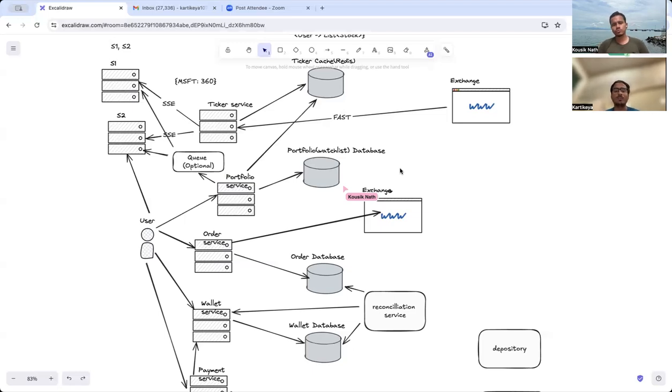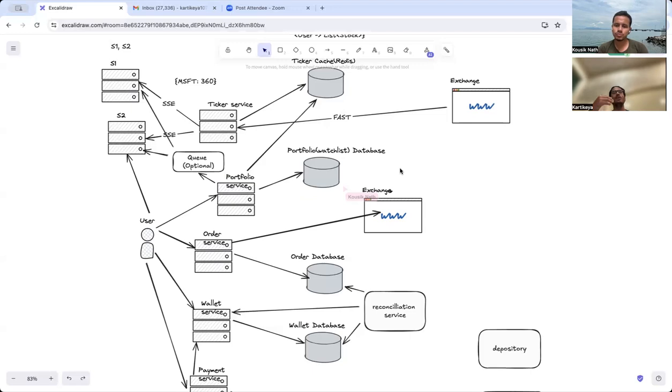We know that there can be two kinds of partitioning strategies. The static partitioning strategy is basically hash-based partitioning. Let's say you take a hash of the portfolio ID or user ID, and then you mod it by 5, and all the users whose hash value was 0 will go to the first DB. So this is static partitioning. The other is dynamic partitioning, where the partitioning is dynamic.